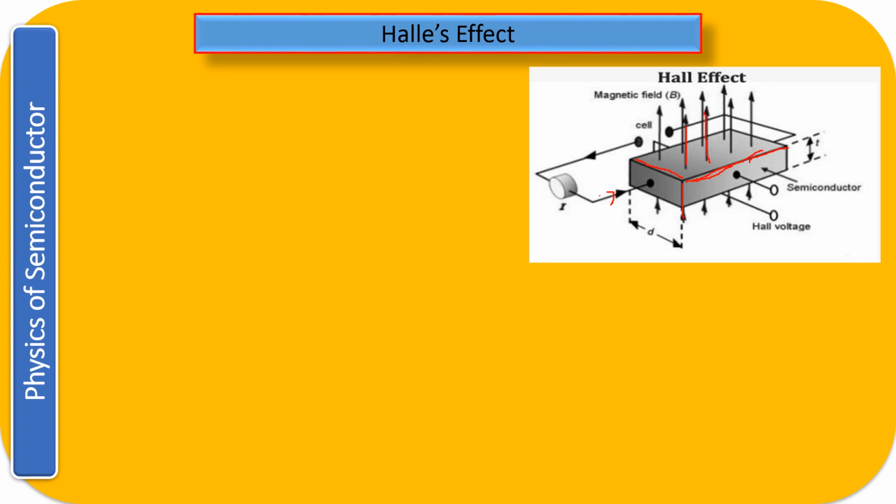Then Hall calculated that along its breadth, a voltage is getting developed, and that voltage is called your Hall voltage. So along this breadth a voltage is going to develop, and that voltage is called your Hall voltage, right? And using the Hall voltage, the other calculation has been done.